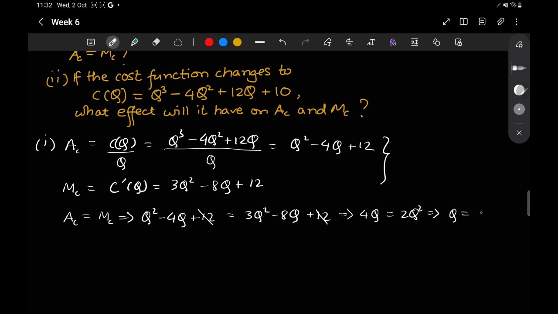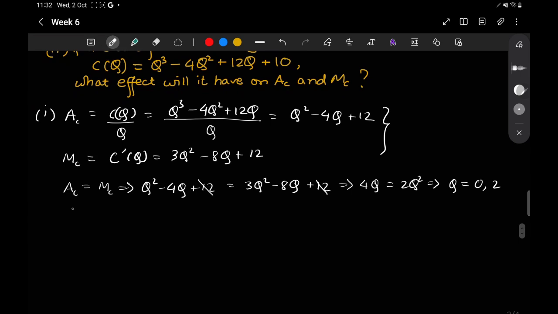So this gives the solution as Q equals 0 or 2. Now quantity cannot be 0, since 0 quantity is like no production. So for positive quantity, or at least some production, we have Q equals 2 units.